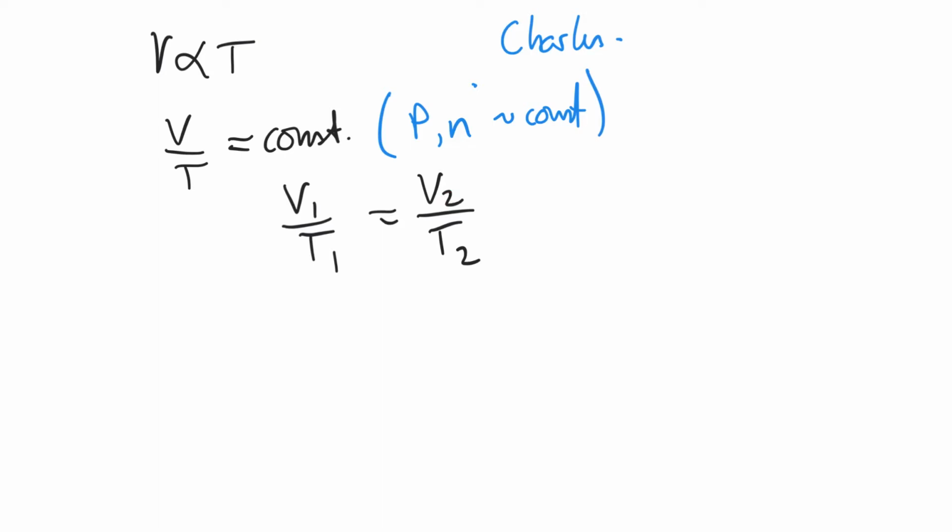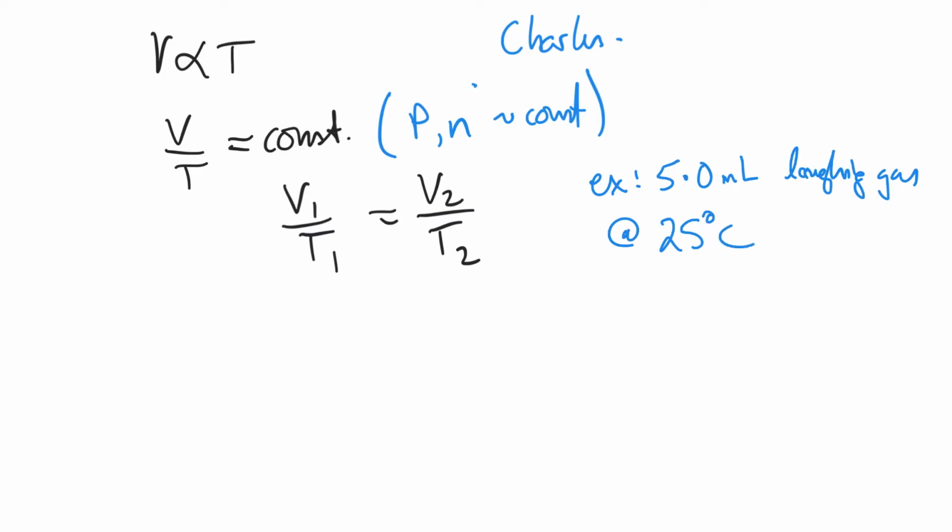So let's go ahead and set up a problem here where we have to solve for, say, how about the final temperature? So what would be a problem like that? We can take, for example, we're feeling pretty happy, so we can take 5 milliliters of laughing gas. Why not? And it's got a temperature of, say, 25 degrees Celsius.